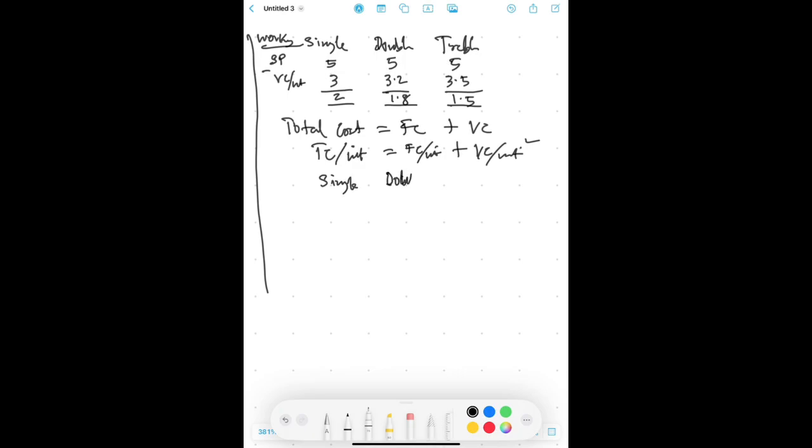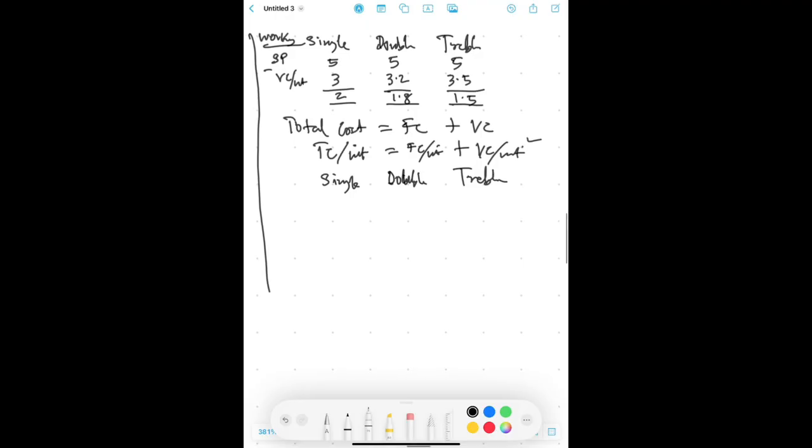The fixed cost is given as 2,000 for single shift, 2,520 and 3,030. Remember, the question is saying what is the total unit cost for each shift at break-even. So what is the break-even unit?